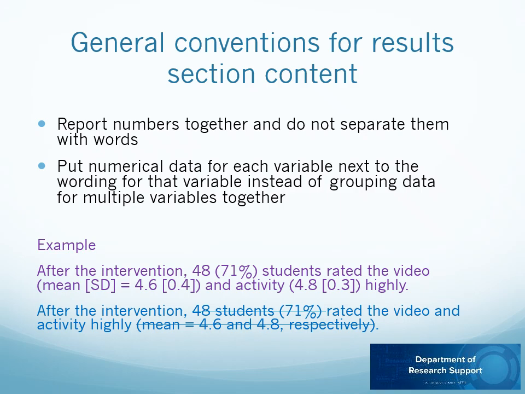When you are reporting several study variables in the same sentence, report the numerical data for each variable with the wording of that variable. Don't wait until the end of the sentence to report the data for all variables and then use respectively wording. That type of data reporting makes it harder for your readers to evaluate each outcome separately.